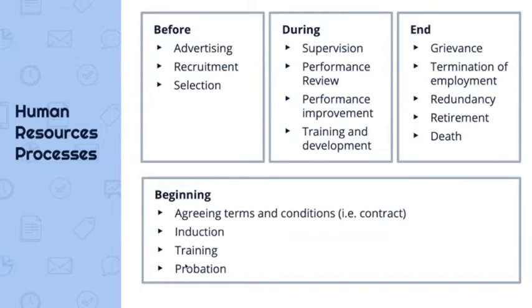You might have a probation period, and then during their employment, when they're all settled in, you might have things like supervision, performance review, or performance improvement processes. Performance improvement, if you're not familiar with that term, usually relates to when someone's not performing optimally and you can see that something needs to be done to say, look, we need to acknowledge that this isn't moving at the pace we'd like it to move.